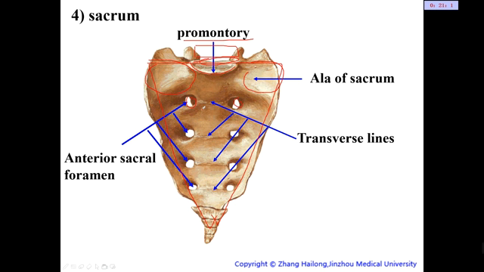And the sacral nerves go anteriorly or backwards through them from the spinal cord. And between the foramina there are transverse lines. The transverse lines are formed by the sacral vertebrae. They combine with each other and form a line between them. It's like a cartilage.